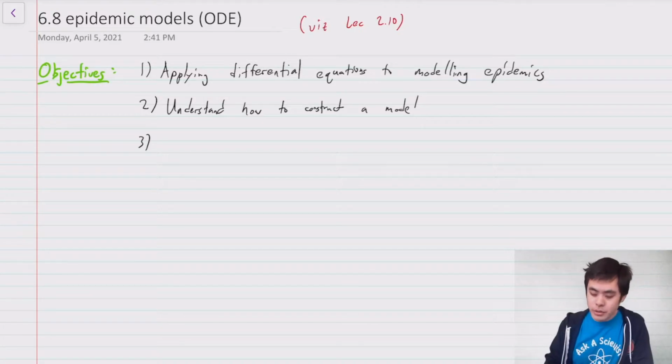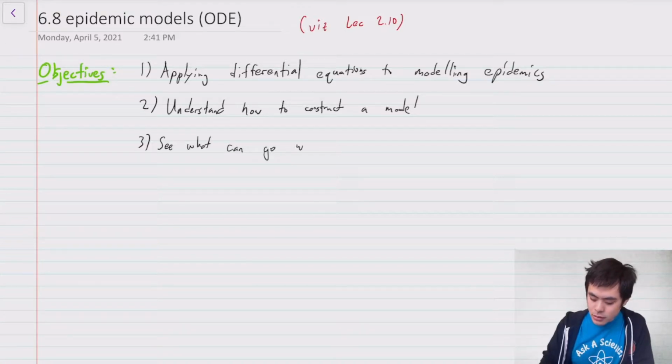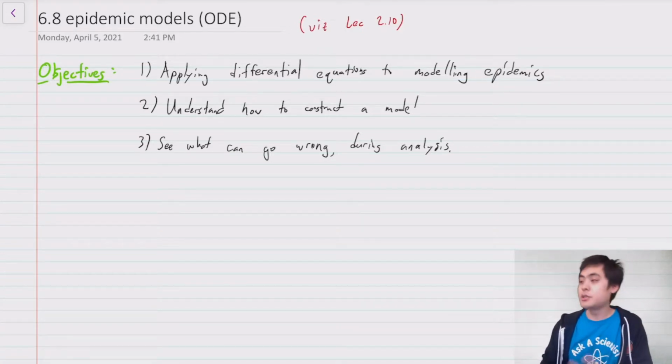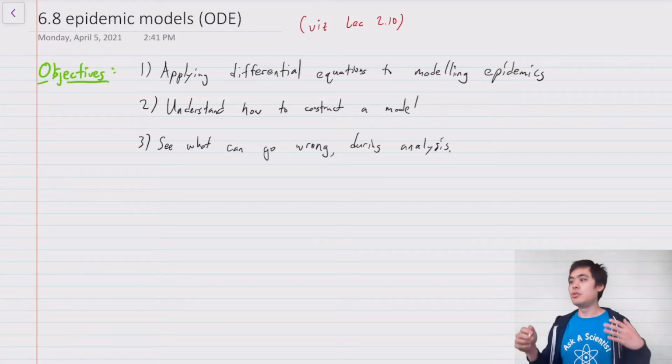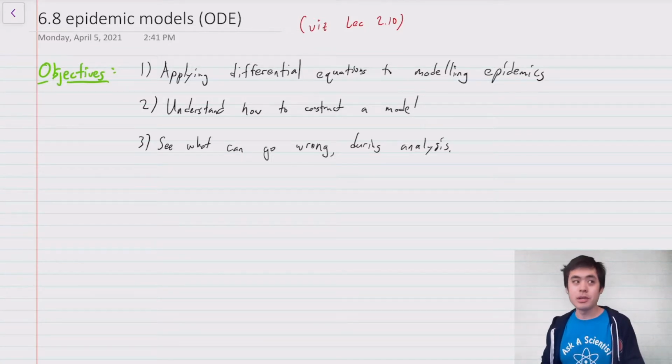And lastly, we're going to see a couple of the things that can go wrong with modeling during analysis, as well as applying some of the real-world facts to constrain what the model does.